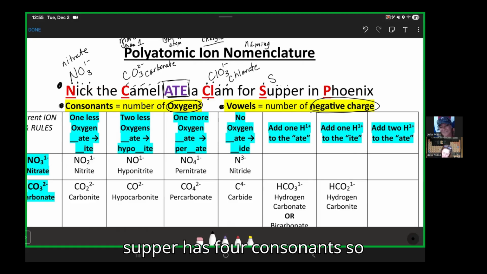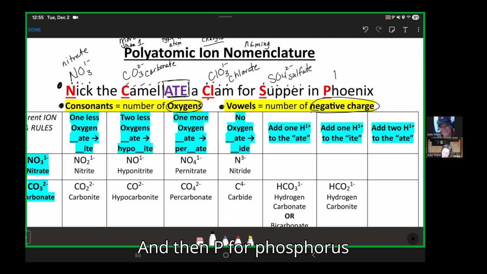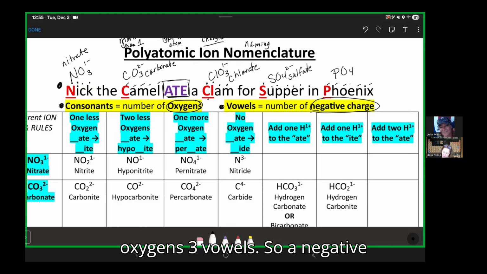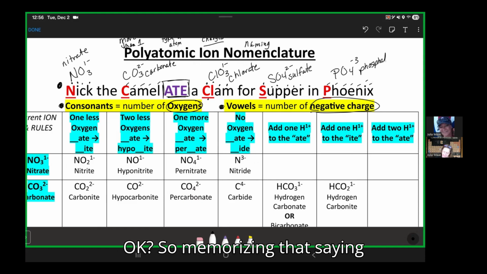Supper has four consonants, so four oxygens, two vowels, so a two negative charge. That is your sulfate. And then P for phosphorus. Phoenix has four consonants, so four oxygens, three vowels, so a negative three charge. That is your phosphate.